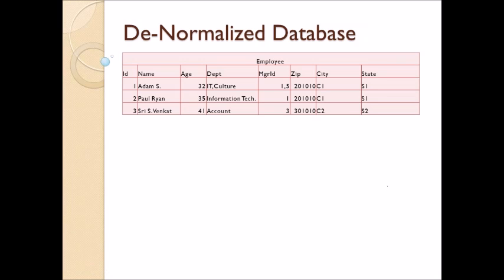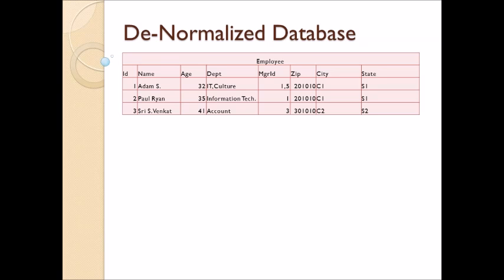So here we have a simple database. This is a totally denormalized database, right? In this database we have some columns. This database is representing an employee table, that is, a set of employee records, and it has a few columns.